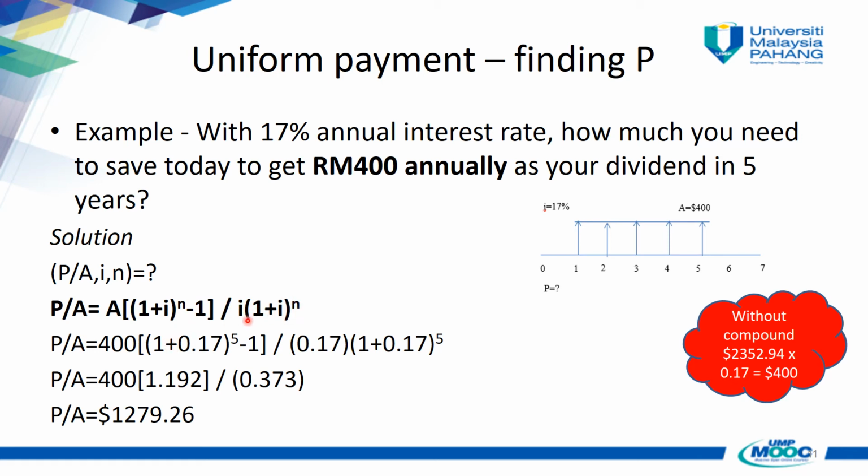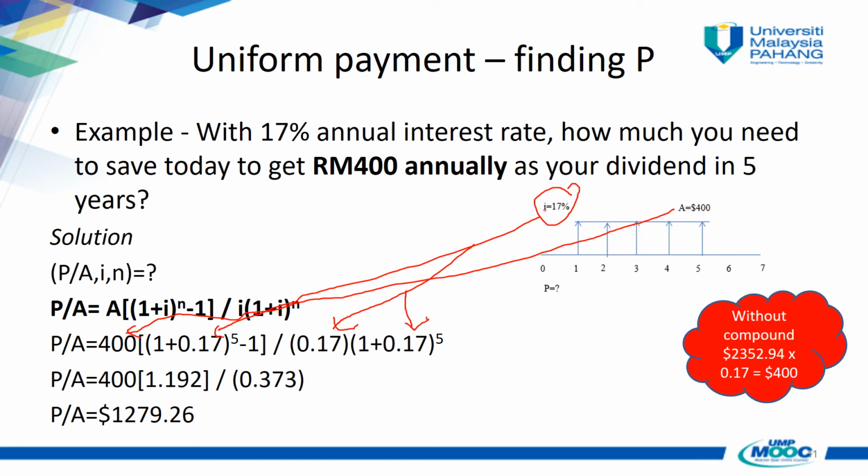Then we insert all of our values, 400, 17%, and 5 years, and you'll see that our equivalent money should be 1,279 ringgit.